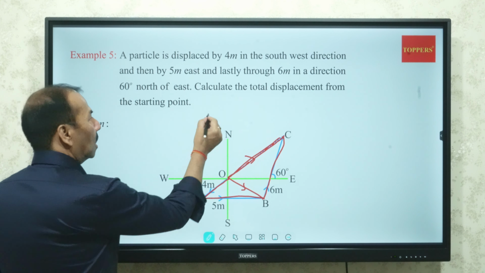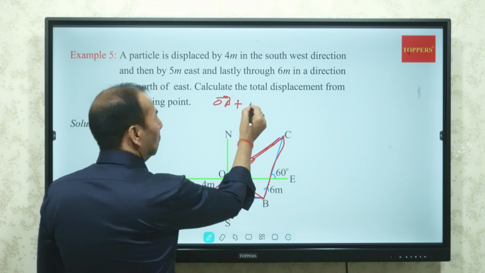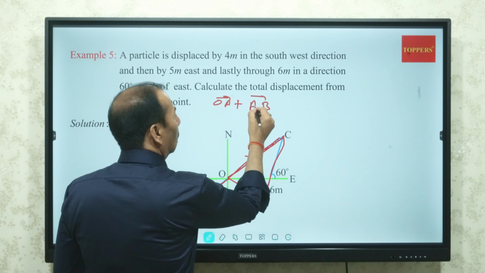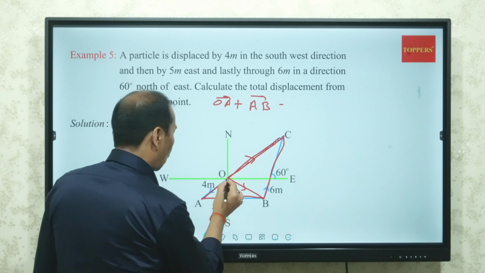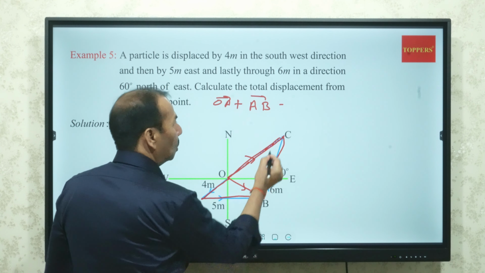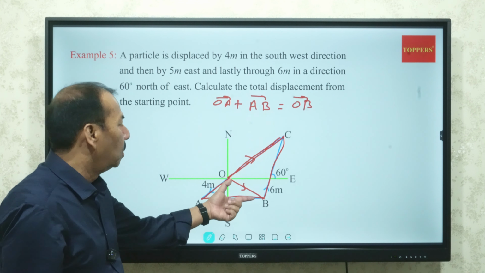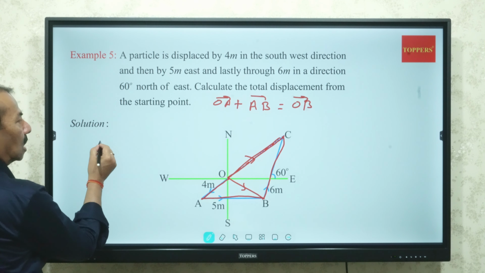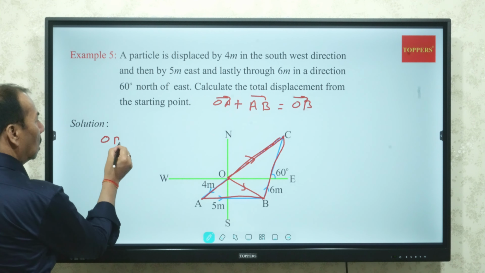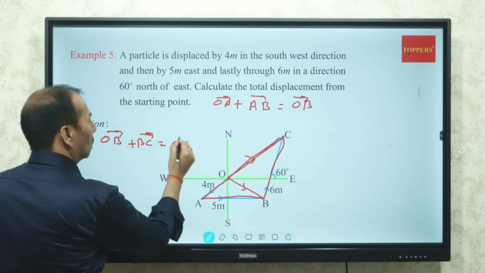So we can write OA plus AB equals OB. Again OB plus BC is equal to OC.